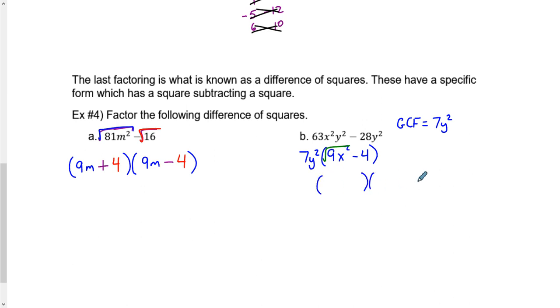Sorry, write down our two sets of brackets. Square root of the 9x squared will be a 3x. Take the square root of 4, which will be 2. Make one addition, make one subtraction. Don't forget about our 7y squared.